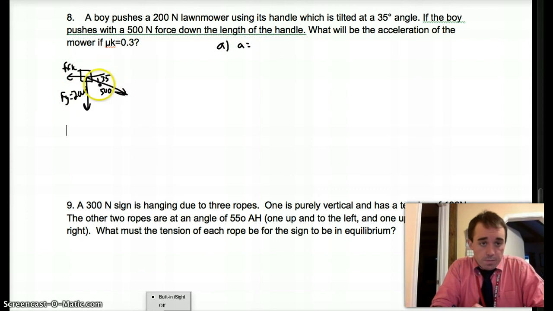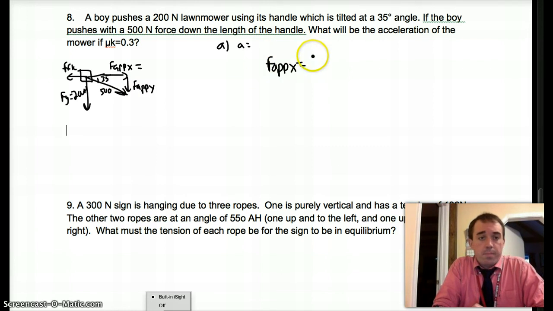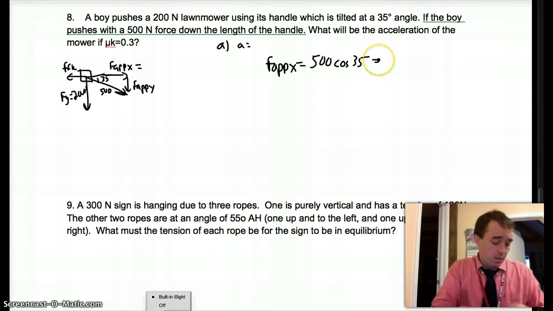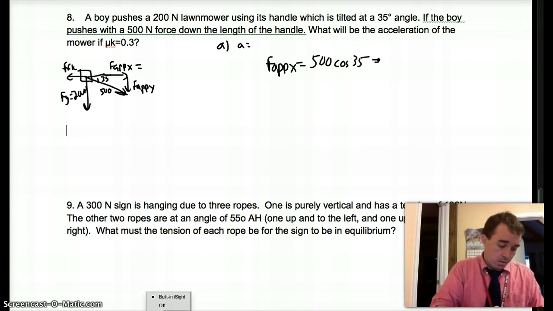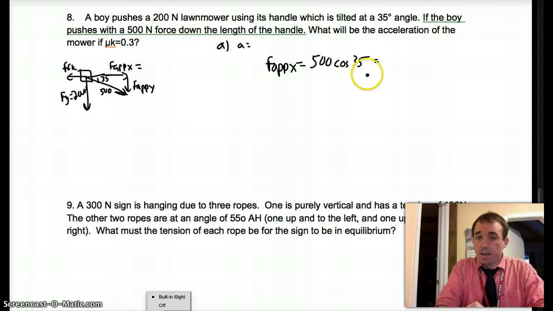Well, first, anytime you see an arrow and an angle, you break it apart into FAPPX and FAPPY. FAPPX is going to be 500, which is our hypotenuse, times the cosine, if you look in your equation sheet, of 35. 500 cosine 35 is 409.58 newtons.